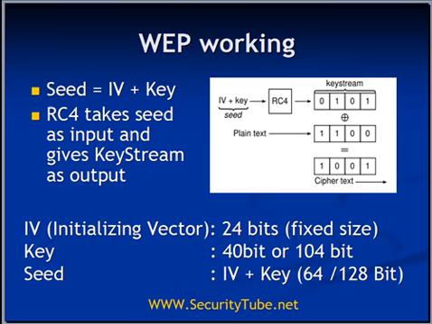How exactly does WEP work? For any simple algorithm like WEP to work, there has to be some initial shared secret between transmitter and receiver. Transmitter will apply that shared secret to encrypt the packets, and receiver will apply that shared secret to decrypt the packets. Similarly in WEP there is a key which is shared between access point and station.